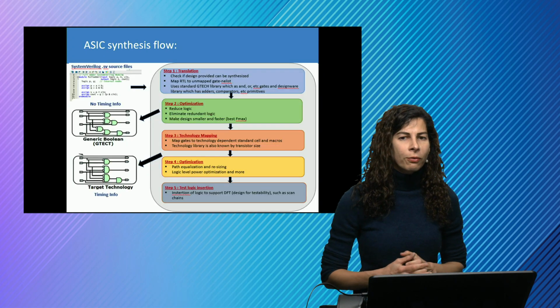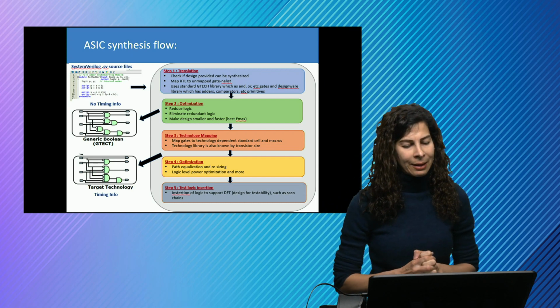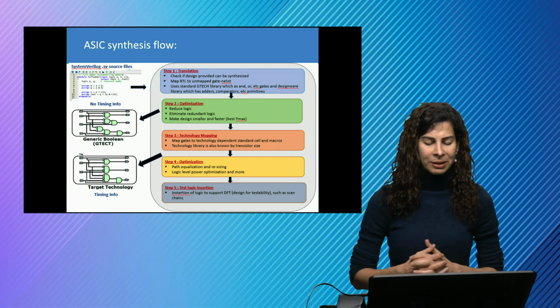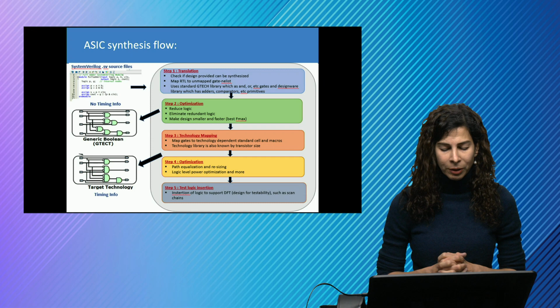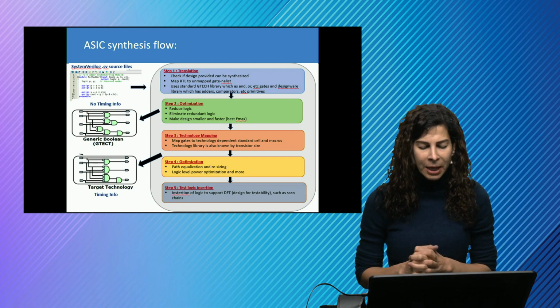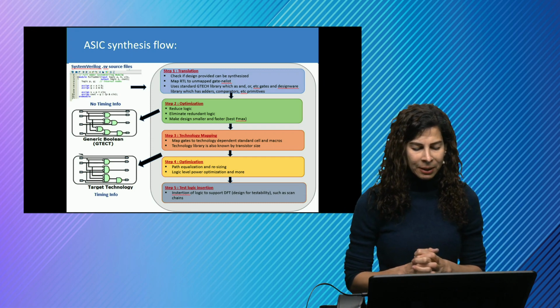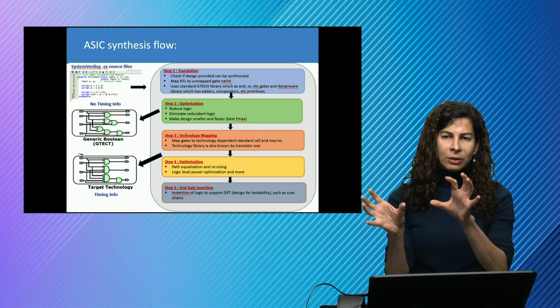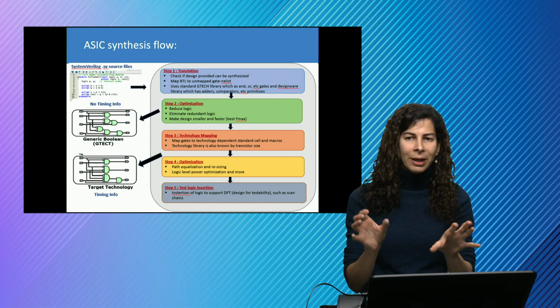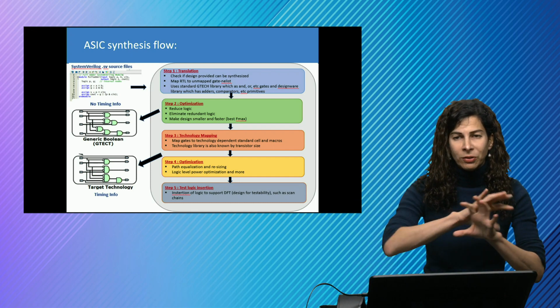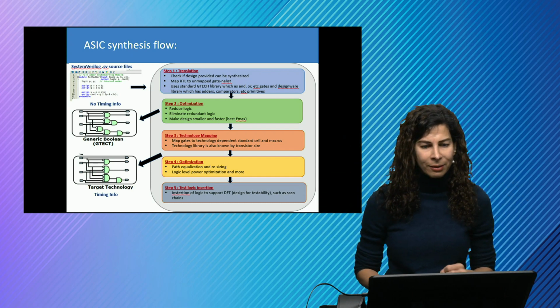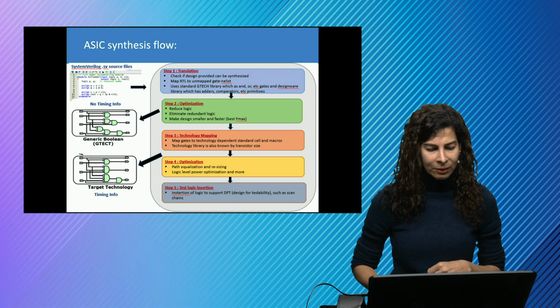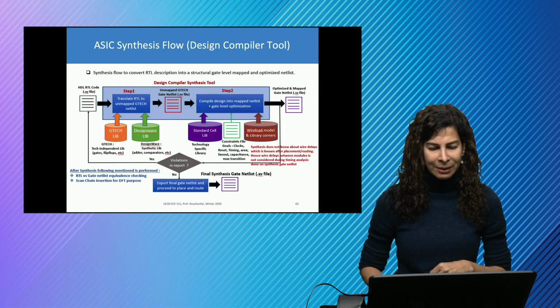The synthesis flow for ASIC is on the front end pretty similar to Verilog that we use for FPGA, but the technology mapping and optimization is quite different, because here the technology is the standard cells that can move around. The interconnects between them are not just the switches that were defined previously. So that's a big difference between FPGA and ASIC.